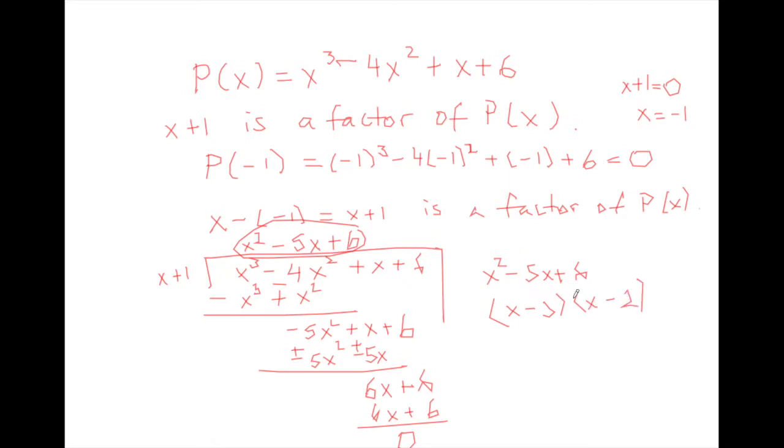Okay, so we've got -1, that makes p of x 0, and then 2 and also 3. And actually, these numbers, -1, 2, and 3, are called zeros of this polynomial, or zeros of the function p of x.